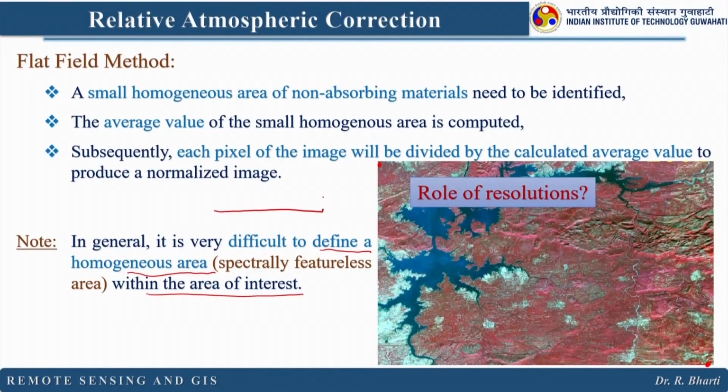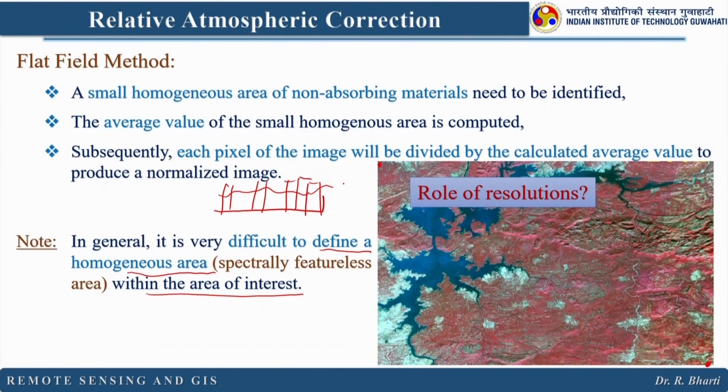But in case of low spectral resolution, this whole wavelength range may have only 1, 2 or 3 bands, so it will be very difficult to identify a homogeneous non-absorbing material. When you have more bands, it will be easy.